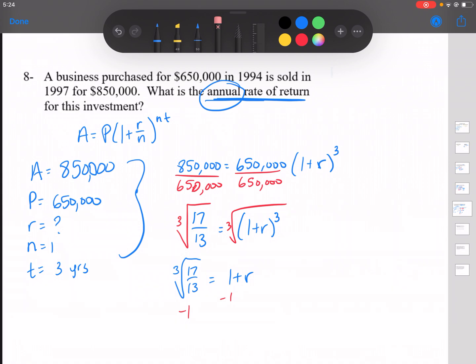So I've got the cube root of 17 over 13, oh, apparently I had something on my calculator, hold on. 17 over 13 and then we're going to subtract 1, so that gives you r is approximately equal to 0.0935 or 9.35%.